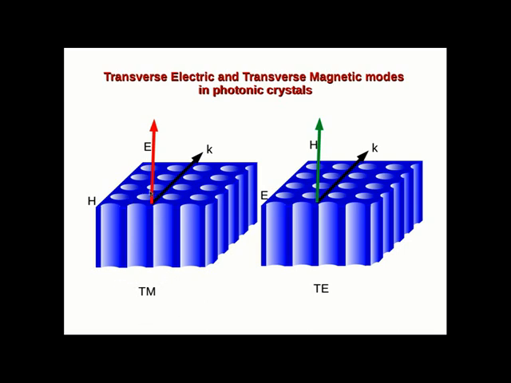And this is in absolute contrast to the previous case of rectangular waveguides, where the electric field remaining normal to the direction of propagation was called transverse electric. Similarly, if the magnetic field is normal to the plane of propagation, it is called transverse electric. This is the reverse of the convention used in the case of rectangular waveguides.